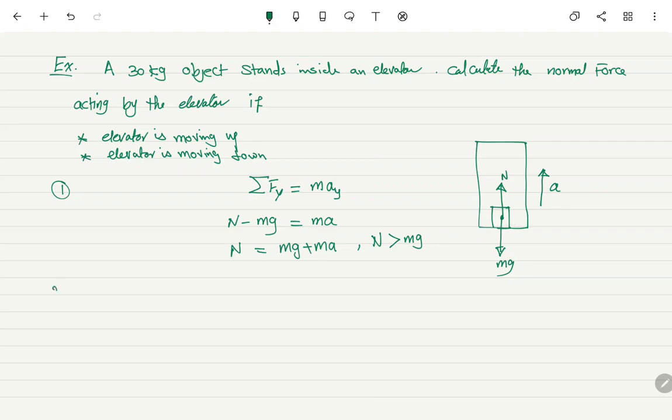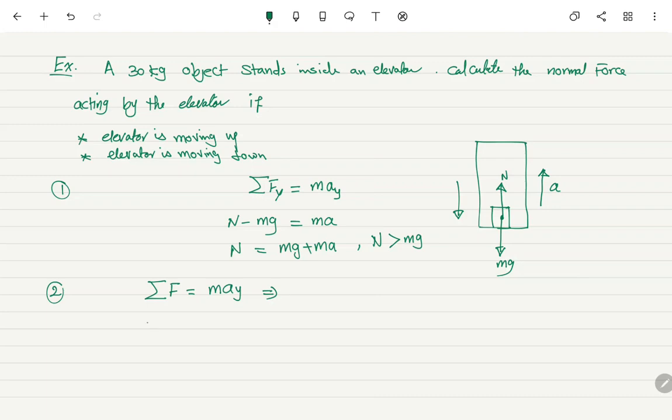In case number 2, if the elevator is going down, let's go here. Now, sum of all forces equal to ma y. In other words, we start with the force in the direction of the acceleration.